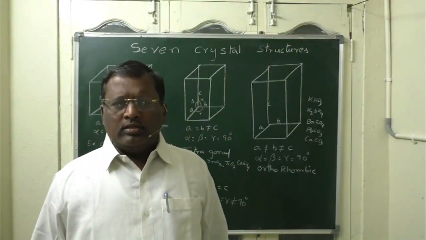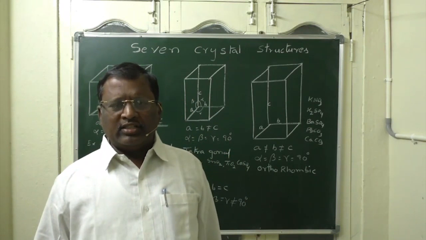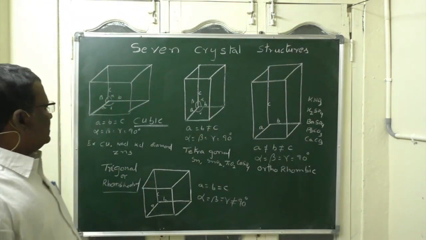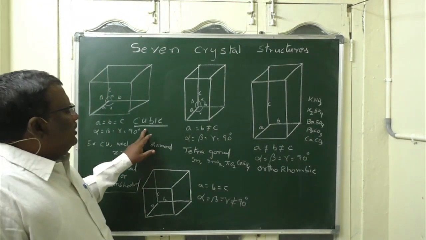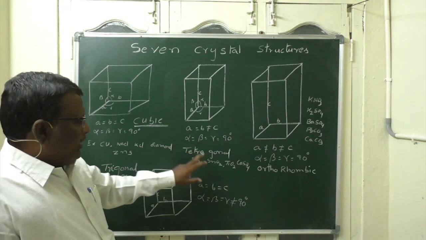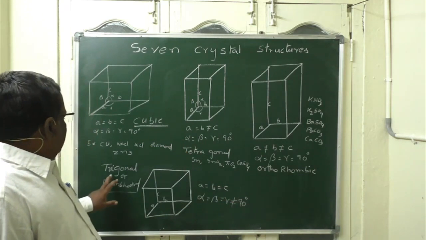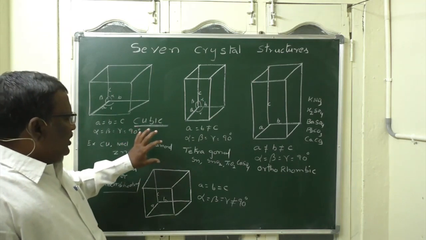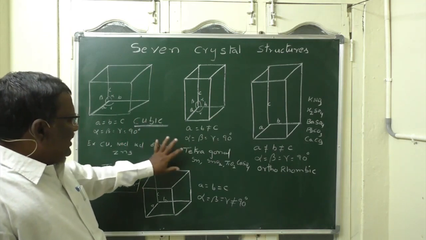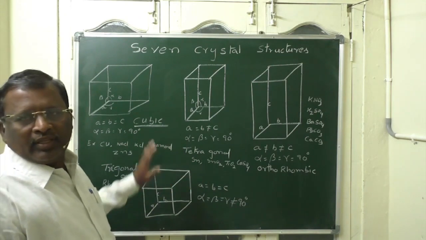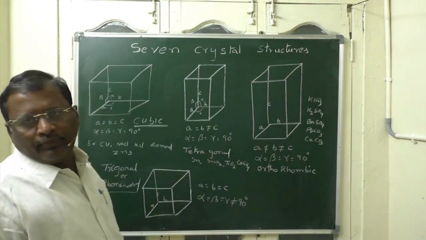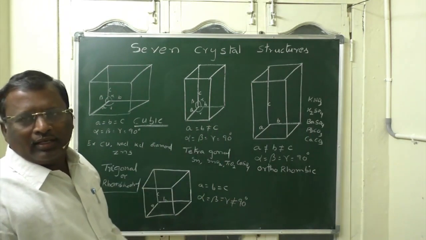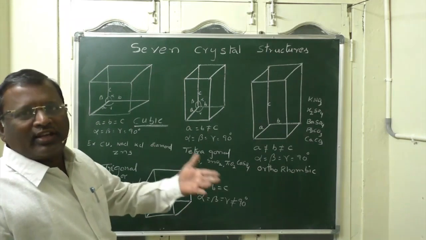There are 7 possible crystal systems. Now, I am going to discuss the basic structures. One is cubic, another one is tetragonal, third one is orthorhombic and fourth one is trigonal. Simply to remember, just note down CT, OT, and the other 3 are HMT: hexagonal, monoclinic and triclinic.